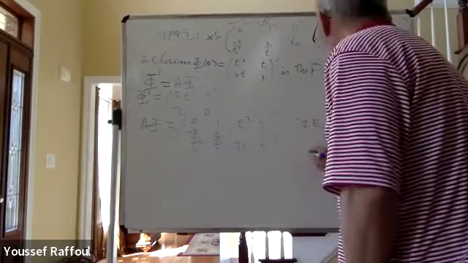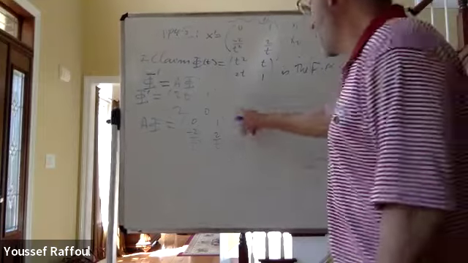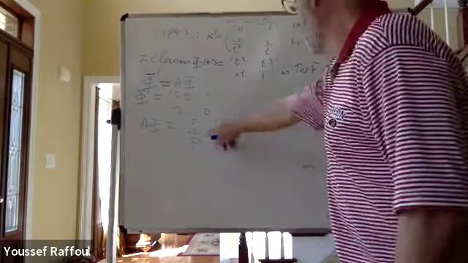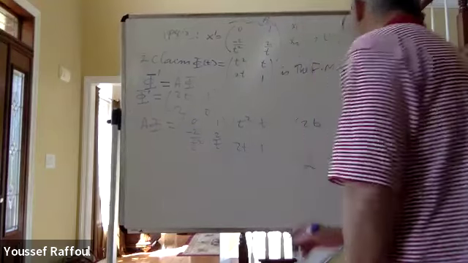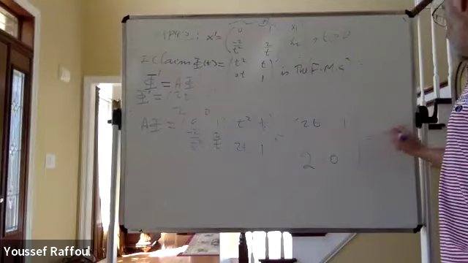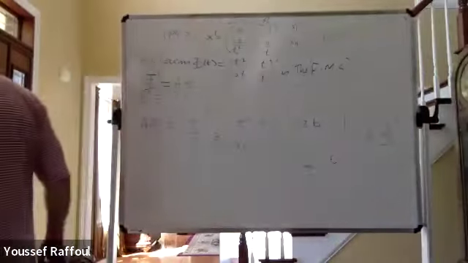Minus 2 plus 4 will give you 2. And if you multiply this here, you get minus 2 over t plus 2 over t, you'll get 0. There we go, which is phi prime. So it's a fundamental matrix solution.